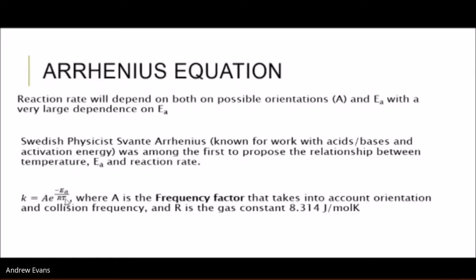R is our gas constant, 8.314, and T is in Kelvin. So if I know my activation energy and my temperature, I can find out what my K is. K depends directly on temperature and activation energy.